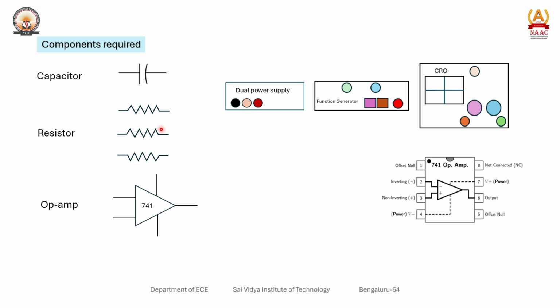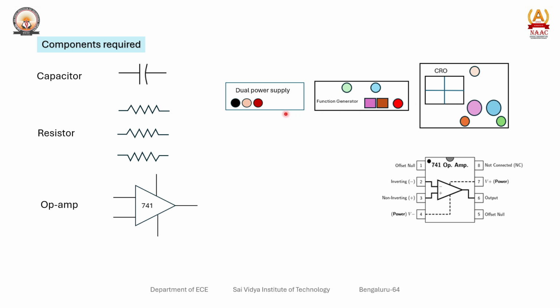Once the filters are chosen, what are the components required? We need RC components, that is resistance and capacitor, along with the op amp. Along with these discrete components, we need a dual power supply, function generator and CRO. The schematic representation of the dual power supply, function generator and CRO is shown here.